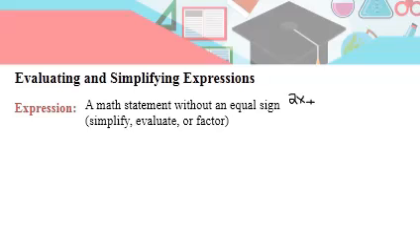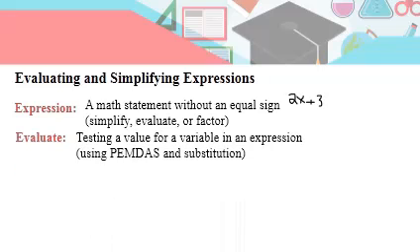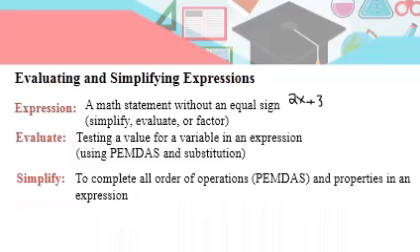It contains variables and constants without an equal sign. To evaluate is to test a value for a variable, so you replace a variable with a constant using substitution and so on. Simplifying means completing all order of operations and properties in an expression.